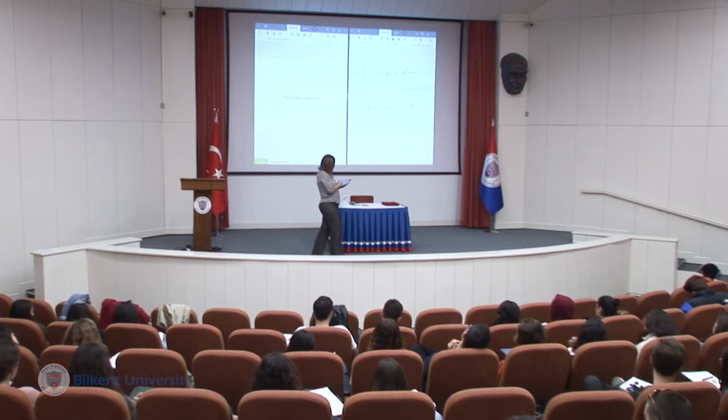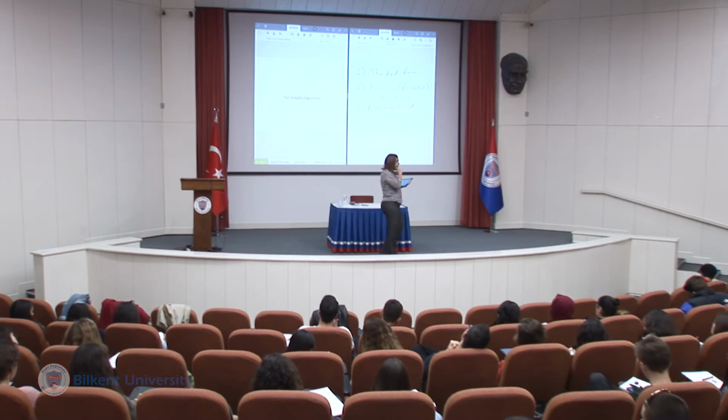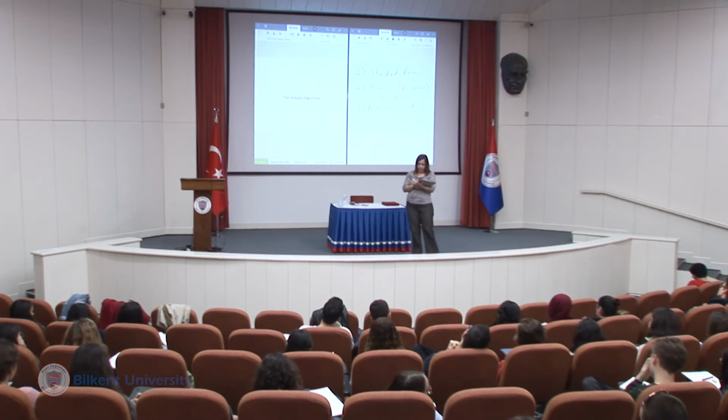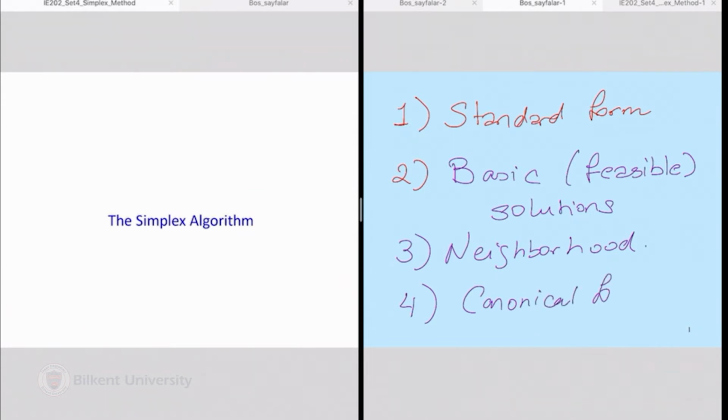And what else? This was perhaps the last one we left off with. It was, what was it? It was canonical form representation. We're going to keep all of this information in a neat representation, which we call canonical form, so that at every iteration of the Simplex method, we know where we are, what the current solution is, and where to go next in order to improve, if any steps are to be taken, and so on.